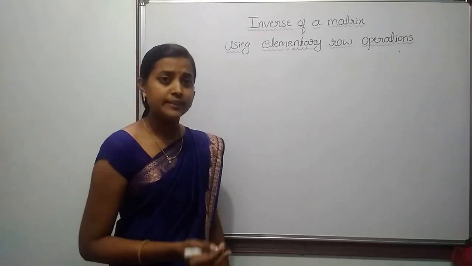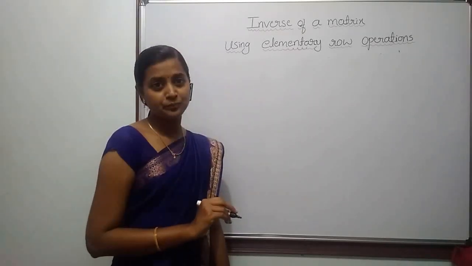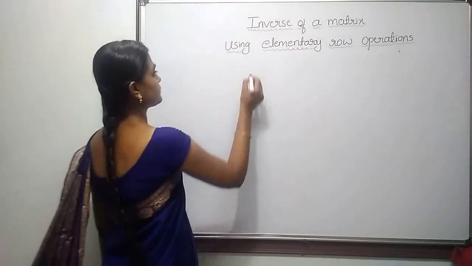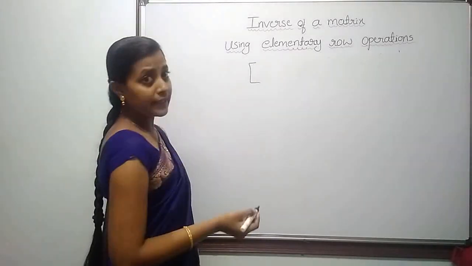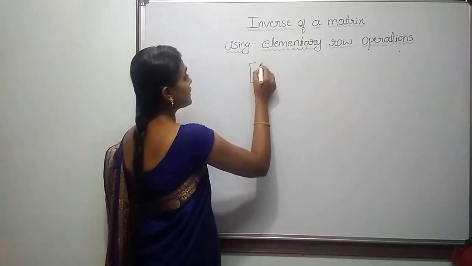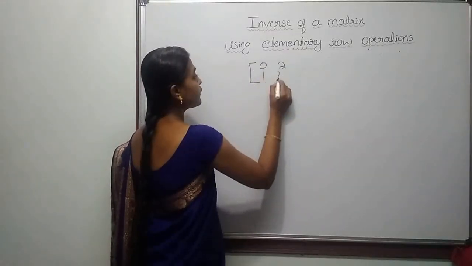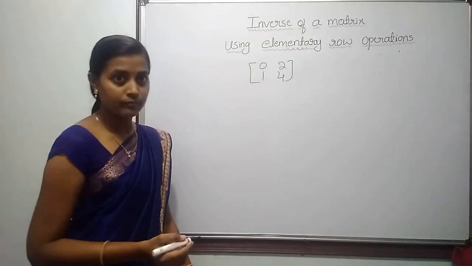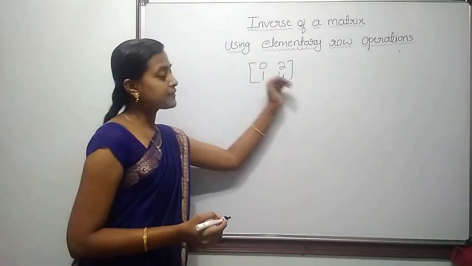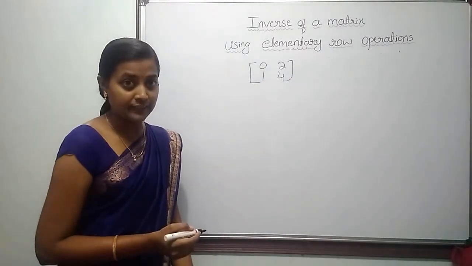Now what happens if the first element is 0? For example, I'll write the matrix containing the elements 0, 2, 1, 4. Now let us try to find the inverse of this matrix.